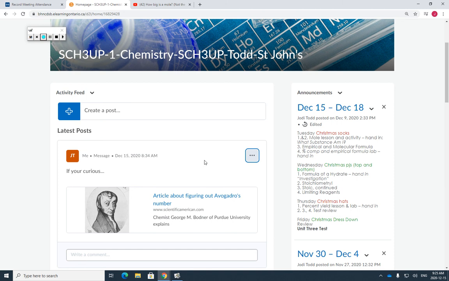If you are interested in the experiments that got to proving and defining Avogadro's number, 6.02 times 10 to the 23, you can check out the article at Scientific American. Quite a few experiments needed to be done, including physics ones like Millikan determining the electric charge on an electron. So it wasn't as simple.